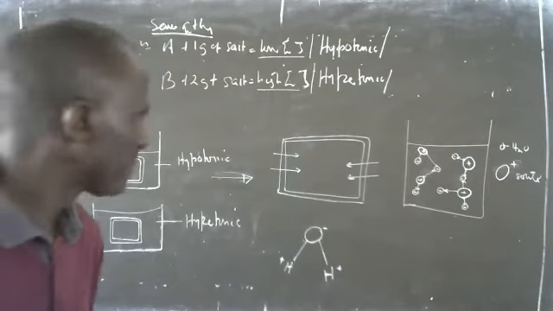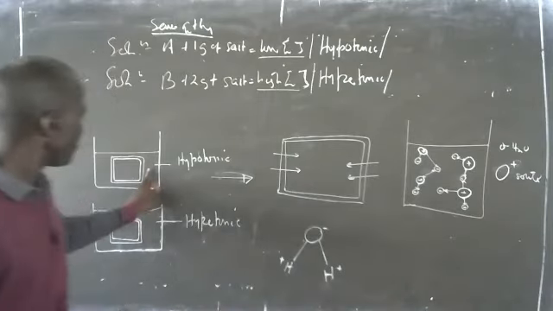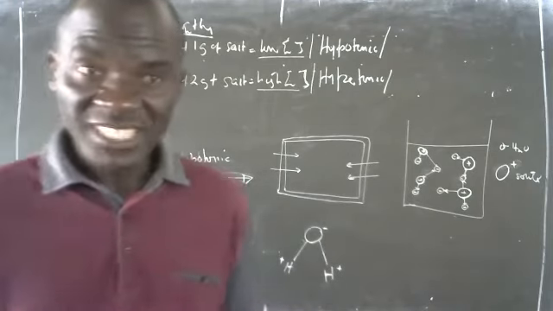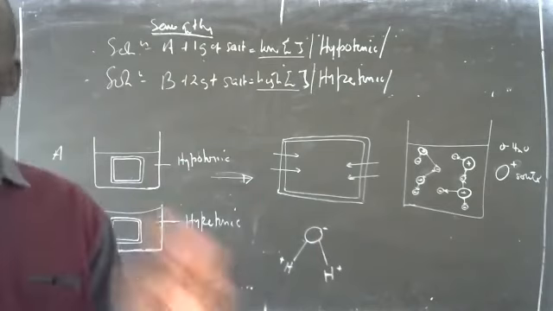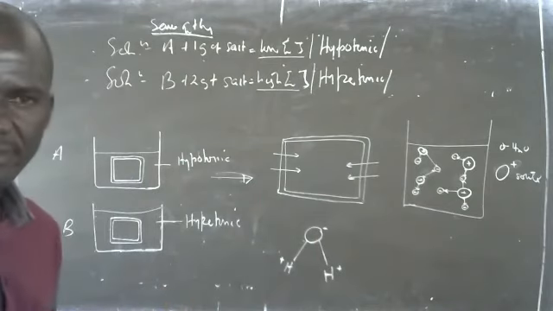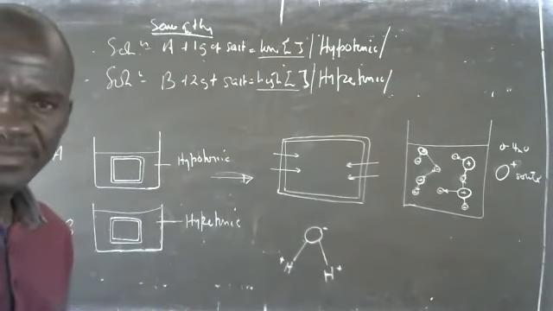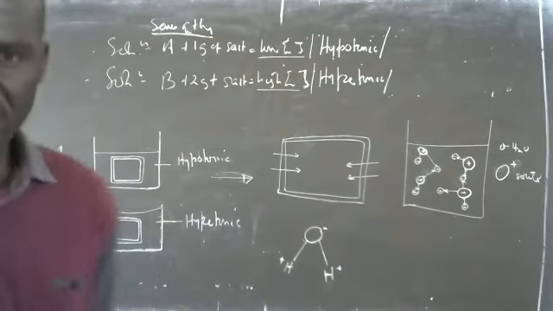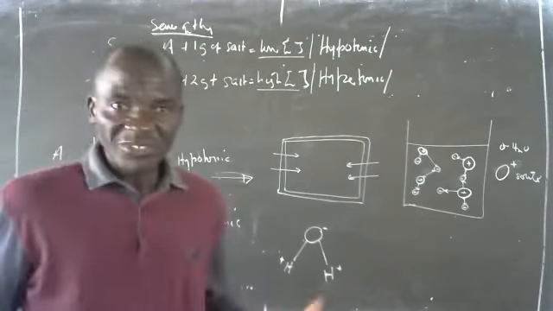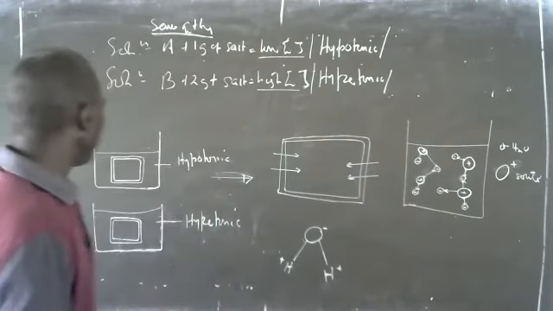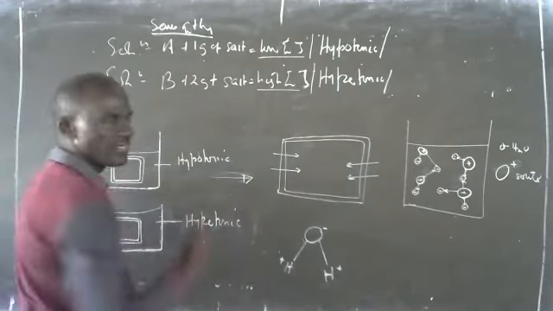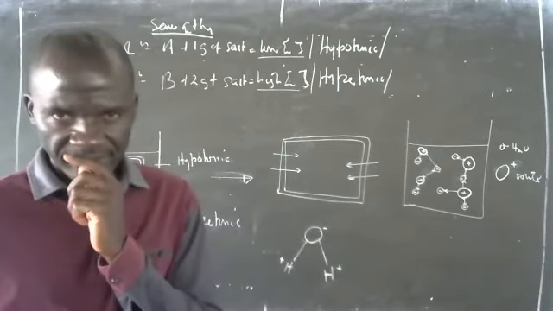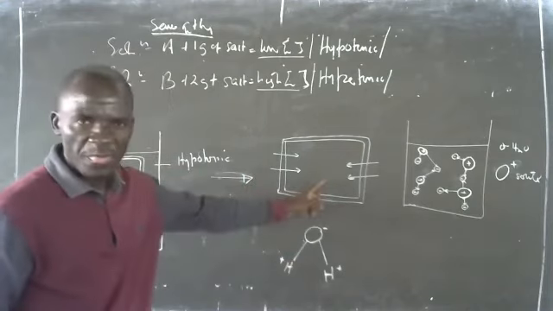So what happens? The surrounding solution, where it has a low concentration, that means that most of its water molecules are free to move, will have an ability to lose water because most of the water molecules are free. So they will diffuse into the cell, which has a higher concentration. That's why it does enter.